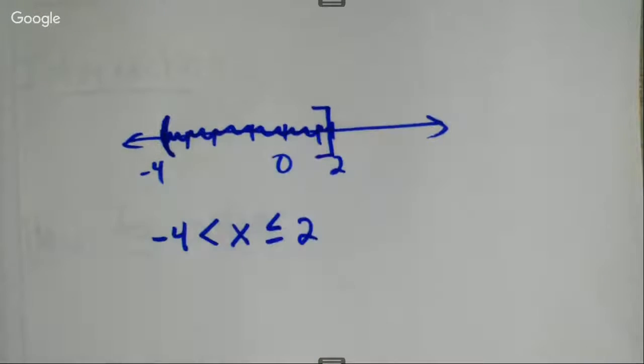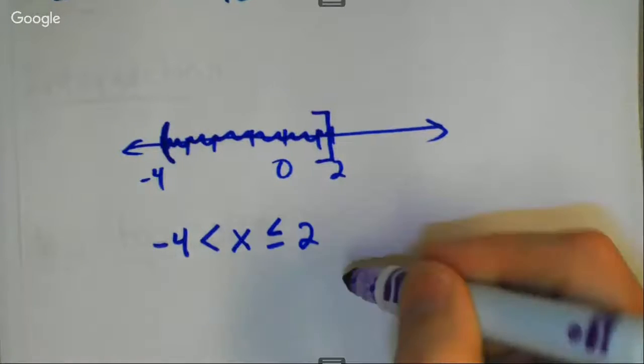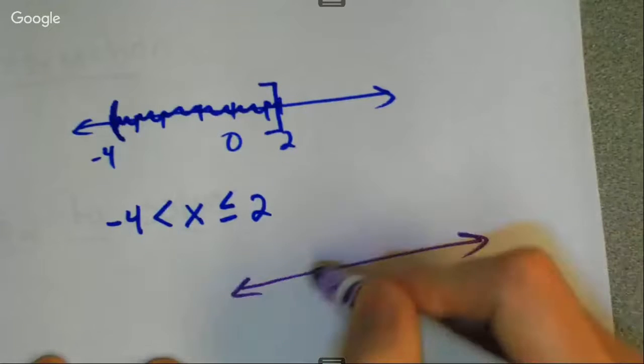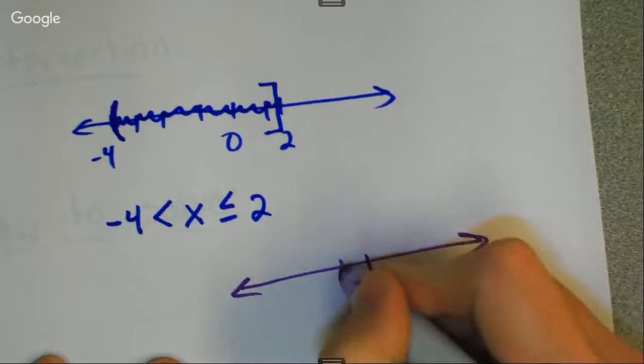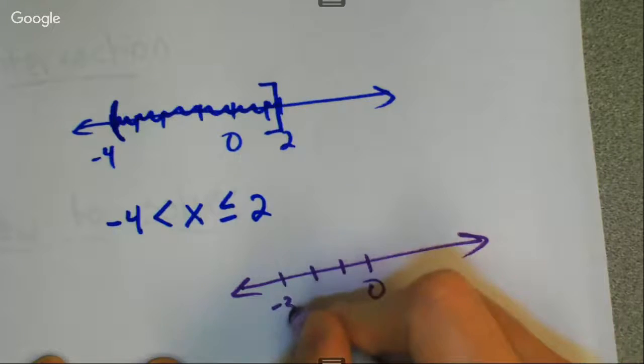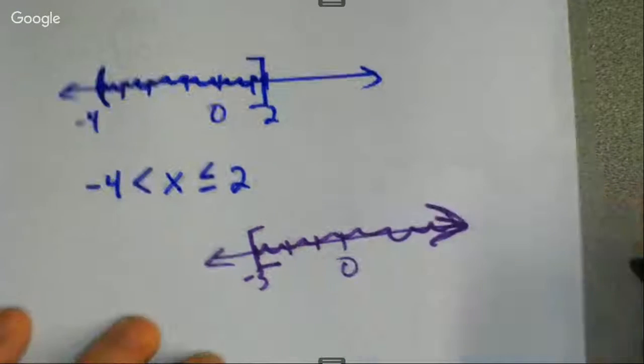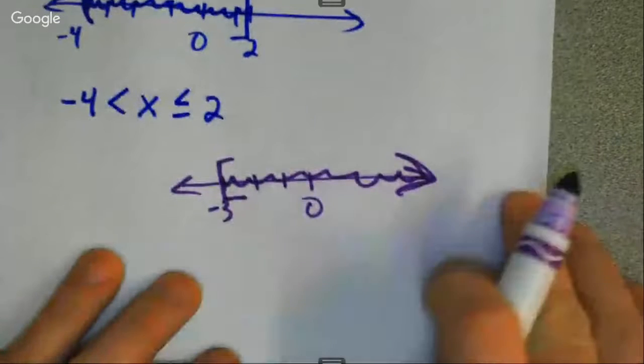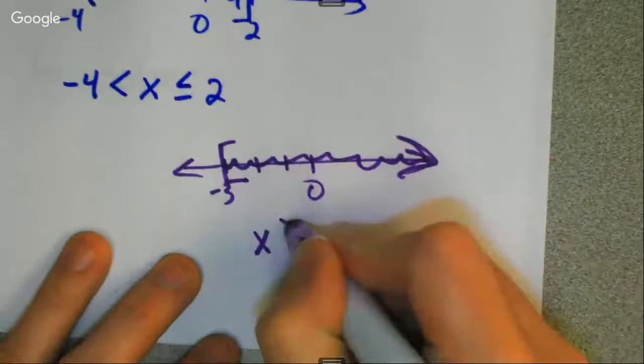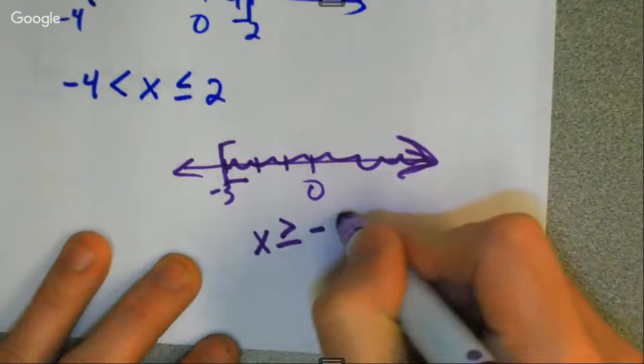Now, if we have something that maybe looks like this, so 0, bracket and going this way, it actually goes on forever. That would be x is greater than or equal to -5.